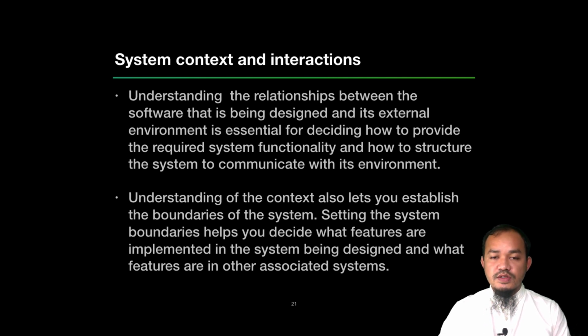We have to look at the other systems, how many systems are related to the system we are going to develop. Understanding the context also lets you establish the boundary of the system. You can see how many systems work together with your system. This is what we call system context and interaction: how the system interacts with other systems.